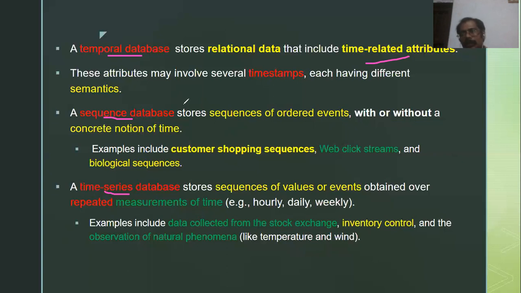Time may or may not be mentioned, but it's a sequence of ordered events. In a time series database, the data is stored in a periodic manner, hourly basis, daily basis, weekly basis, etc.